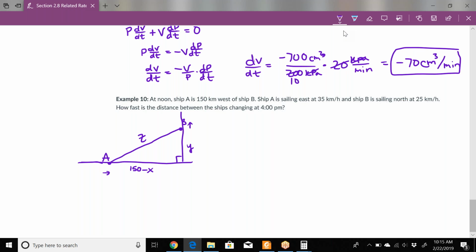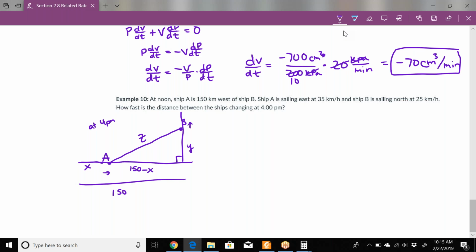It's traveled some unknown distance X. So this is less than 150, but we don't know how much less once we're at 4 p.m. So that's what this picture is representing, which means that before that, A traveled part of the way. So A might have been here originally and B was here, and that was 150 altogether.